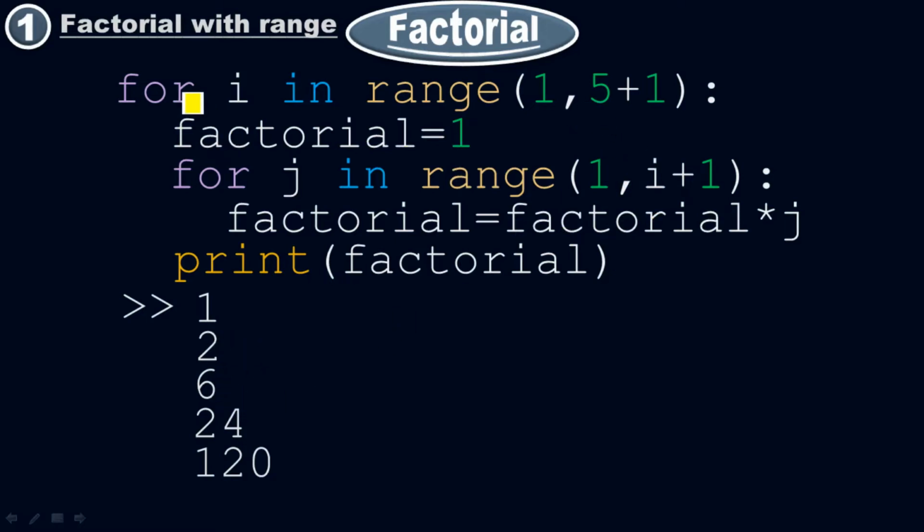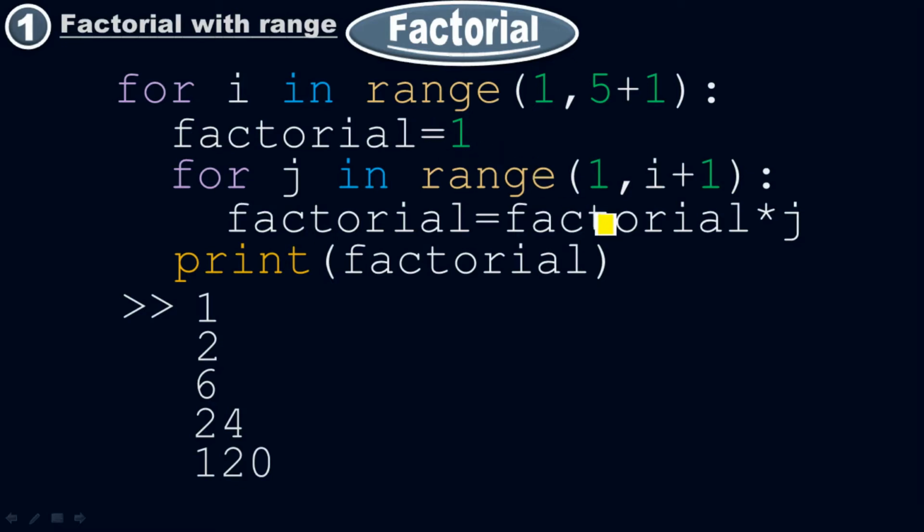And then the outer loop will iterate for the third time, for the third element, which will be 3. And then the inner loop will iterate. According to the inner loop, we have actually 3 here. So i is 3 at this time, because the outer loop iterated for the third item, which was 3. We have j. What is j? j is the representation of the individual item of this range function. In the formula, we have factorial equals 1.